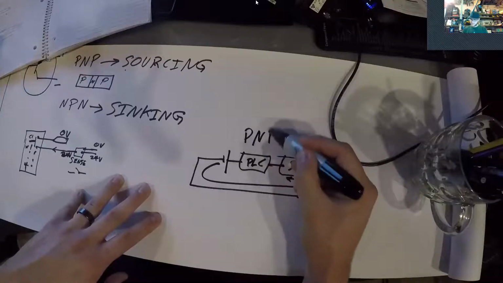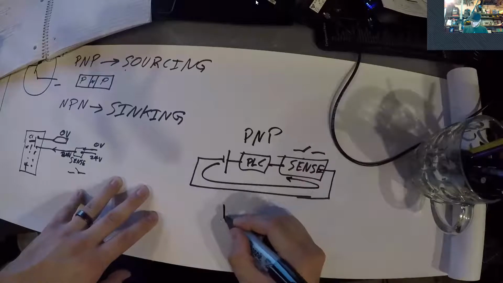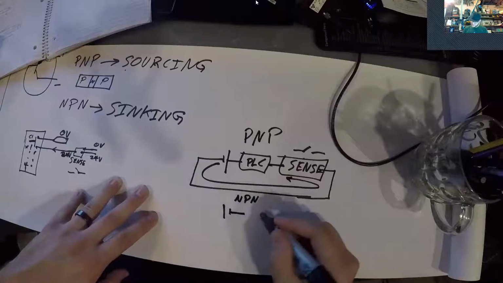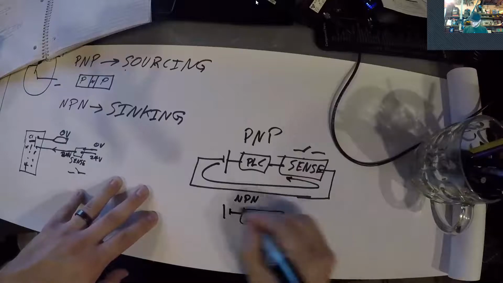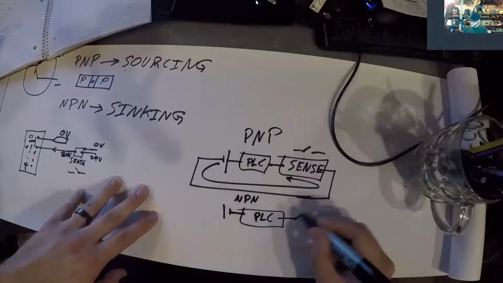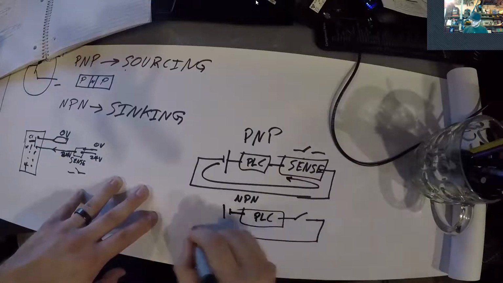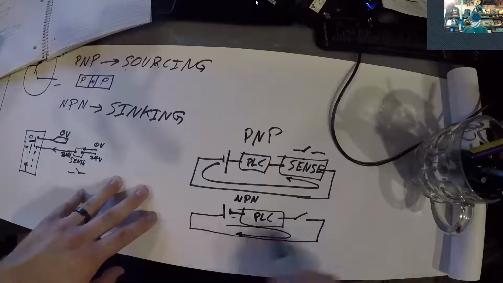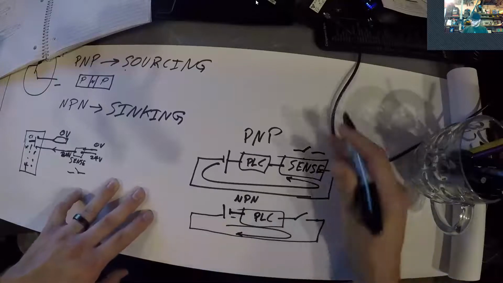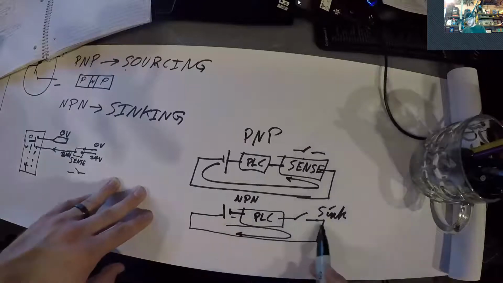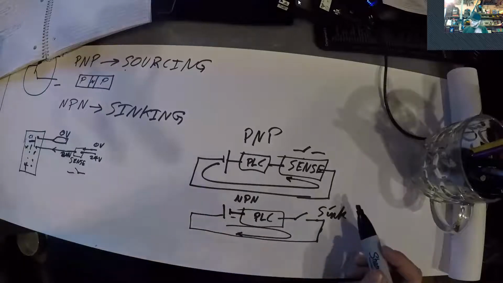So this would be PNP. And then for NPN, I'm just going to draw that as a switch. For NPN, your current is flowing this way. And so this is a sink, right? Because you're sinking the current out of the PLC and it's going this direction.